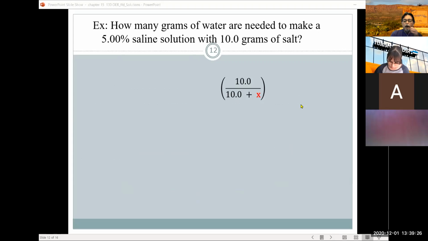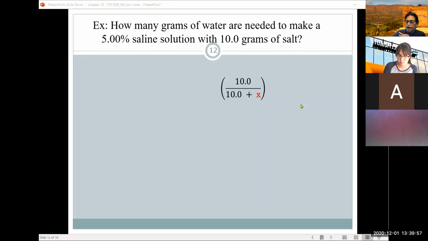Now, occasionally, you may need to calculate how much water you need. For example, they're asking you here, how many grams of water are needed to make a 5% saline solution with 10 grams of salt? I need to set that up because I'm given 10 grams of my salt, but I don't know the weight of the water.